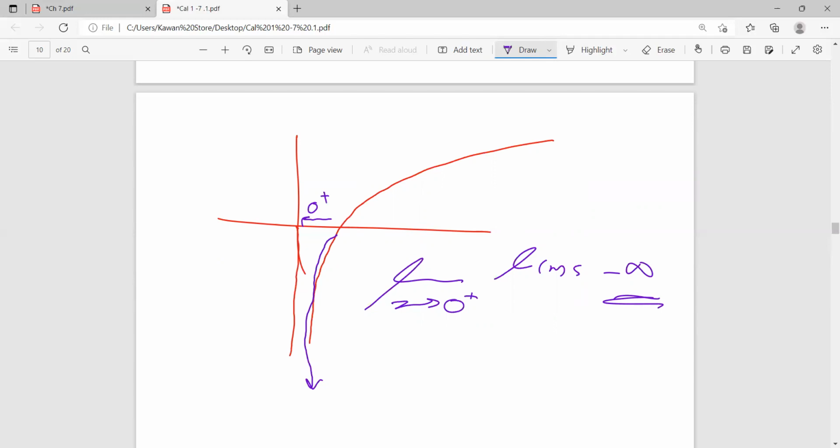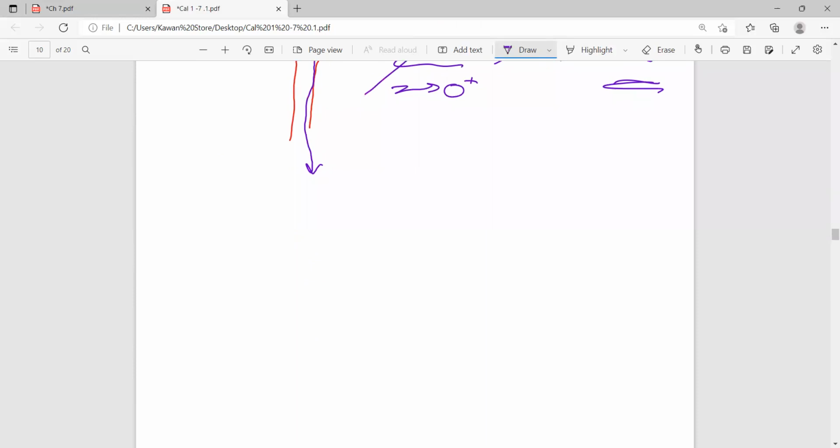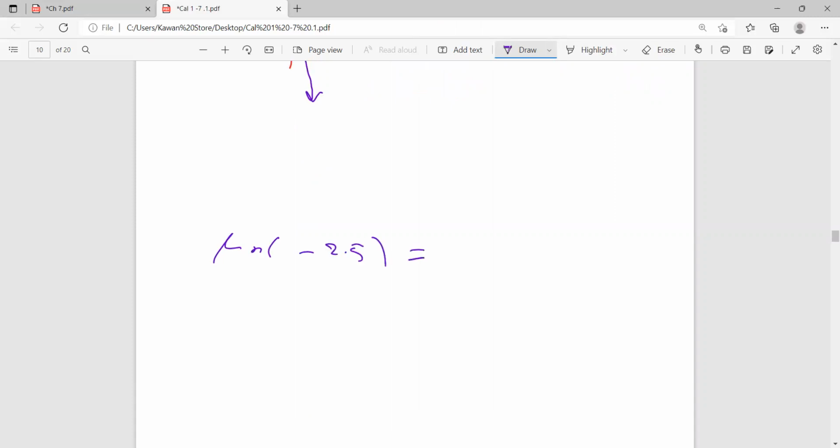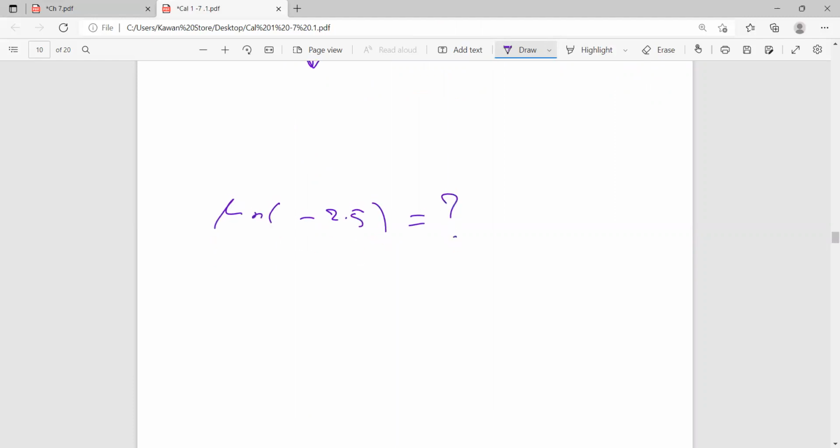Understood? So use your calculator, please, if you can. Find ln of minus 2.5 and tell me what it is equal to, please. If you can use it. Okay.